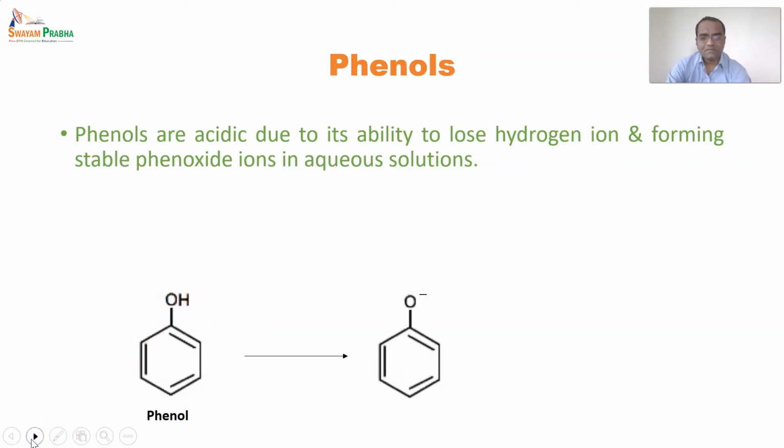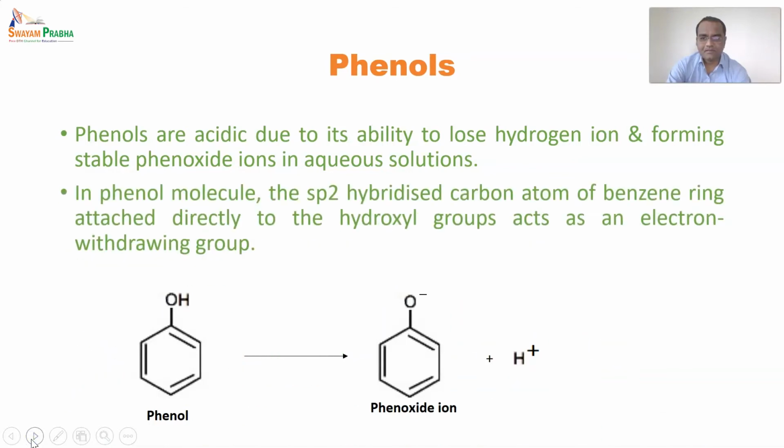And it forms a stable phenoxide ion, leaving a negative charge behind, and now forming an H plus ion. In the phenol molecule, the sp2 hybridized carbon atom of the benzene ring attached directly to a hydroxyl group acts as an electron withdrawing group.